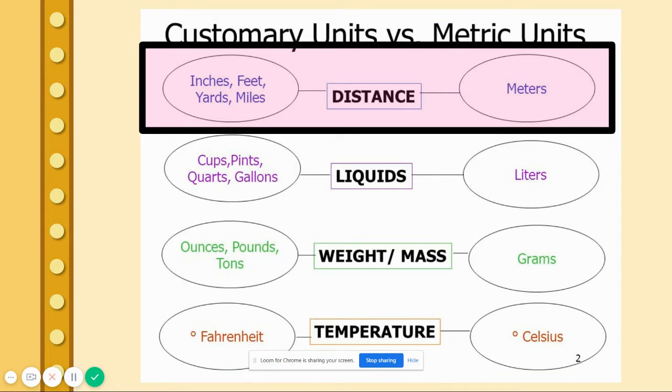I would use a unit that is big enough to describe a length that is large. So I wouldn't say, oh, it's 1,000,000 inches away. I would use the word miles to talk about that distance. So we're going to dive into when to use meters and what other words we can use to look at distance.